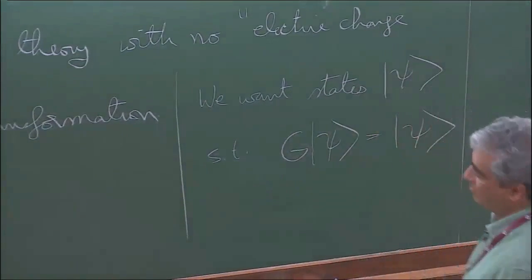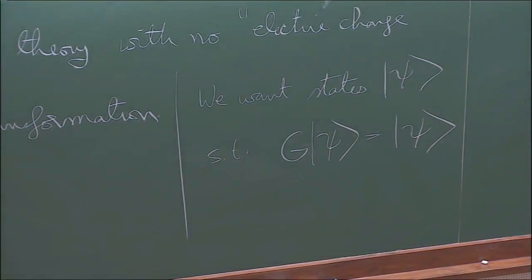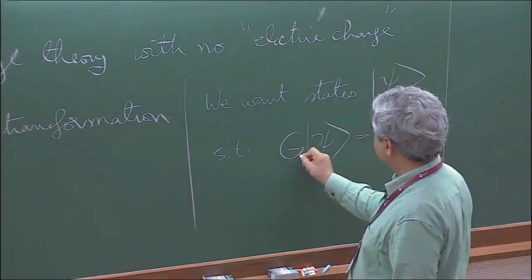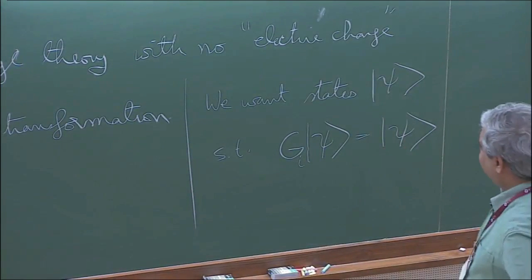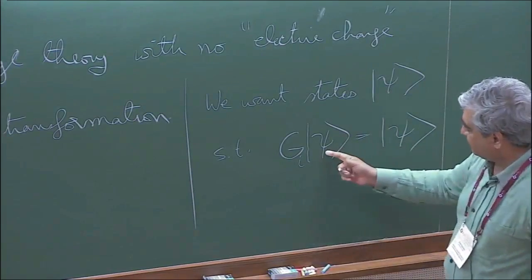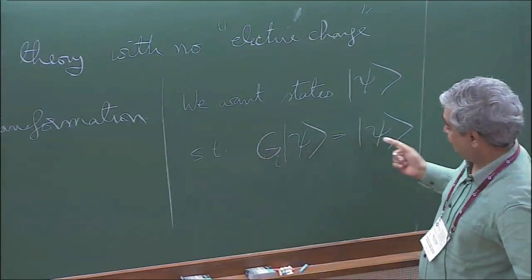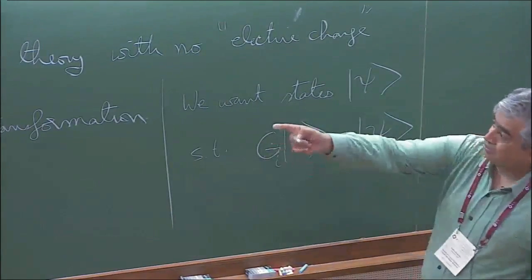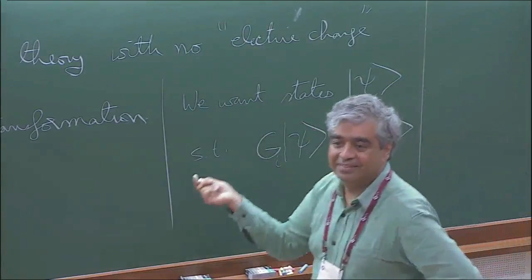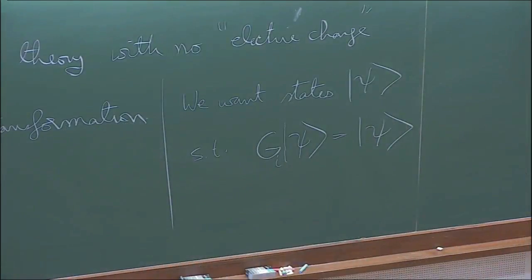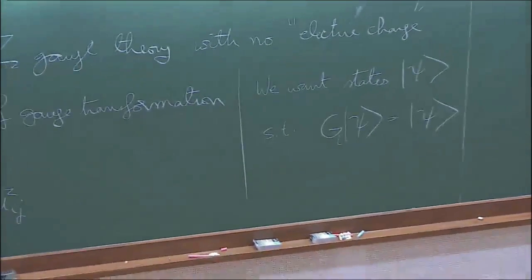I may have some of the notation a bit off here. Maybe GI minus 1 is the thing that annihilates. Anyway, this means that the state, when you hit it with GI, remains the same because GI is 1. So we say that this state is gauge invariant. That's the Hilbert space you're going to look at, the set of gauge invariant states.